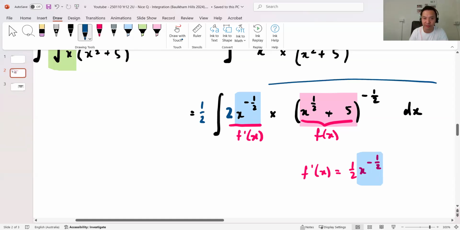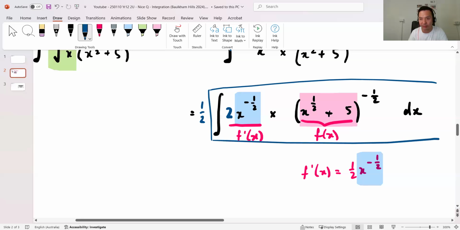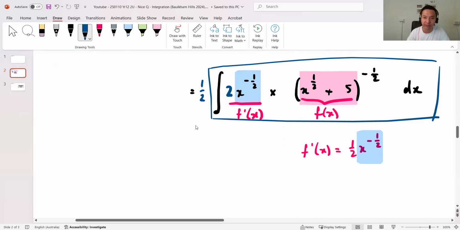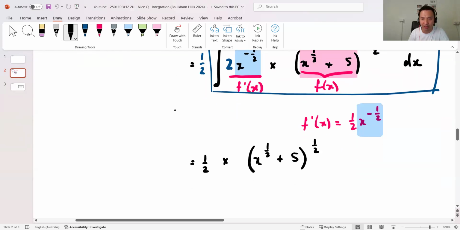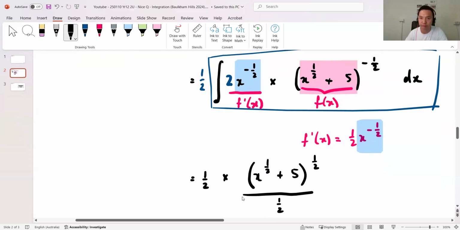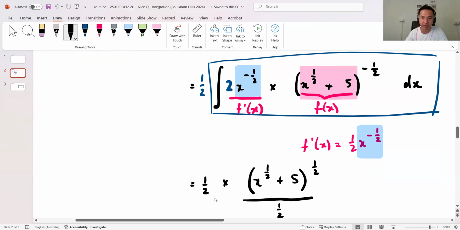Then this whole expression can be integrated using the reverse chain rule, where all I have to say to myself is, okay, there's a half in front, take the bracket, add 1 to the power, divide by that new power.